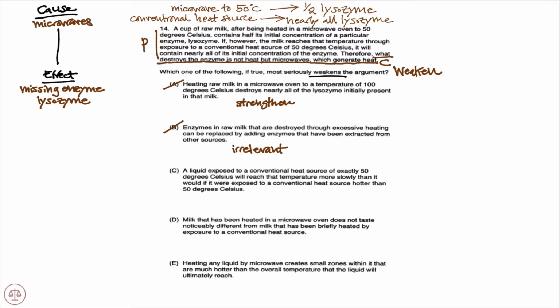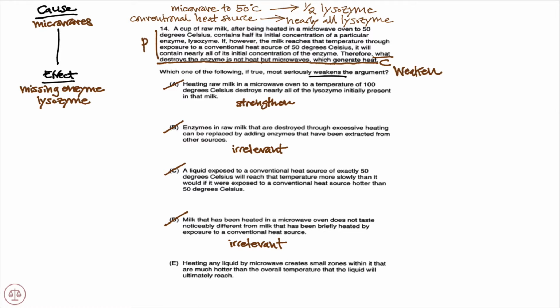It's about 50 degrees. C is completely irrelevant, so C is out. Moving to D, milk that has been heated in a microwave oven does not taste noticeably different from milk that has been briefly heated by exposure to a conventional heat source. Again, completely irrelevant. This is not about how the milk tastes, so D is out.